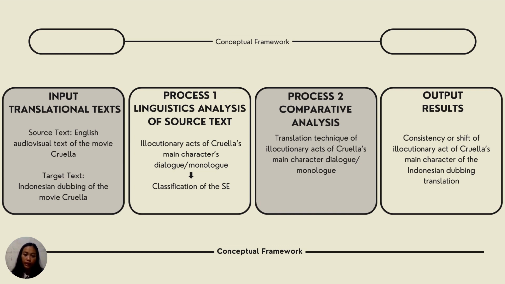The first process is the linguistic analysis of the source text. The linguistic theory used in this research is the illocutionary act. So the process is going to be classifying the illocutionary acts of Cruella main character dialogue or monologue.